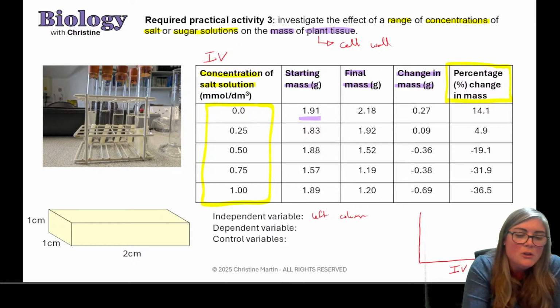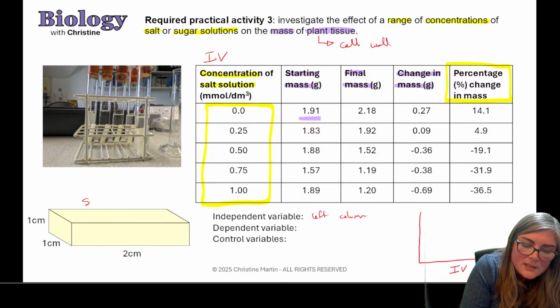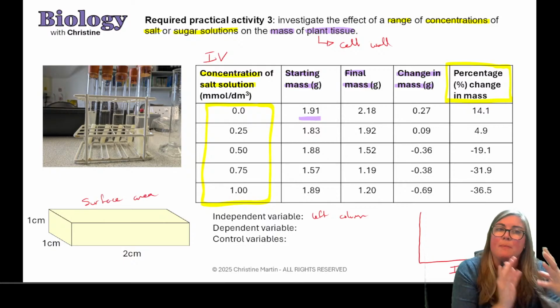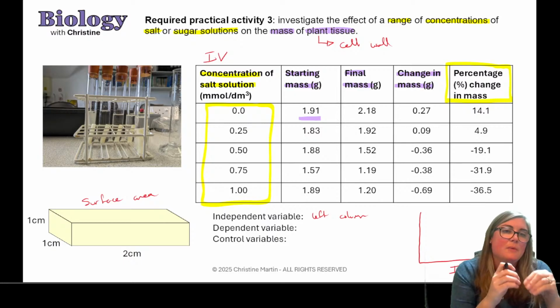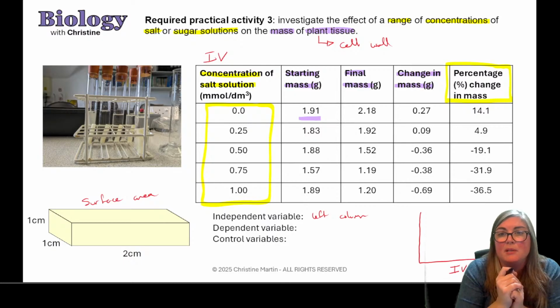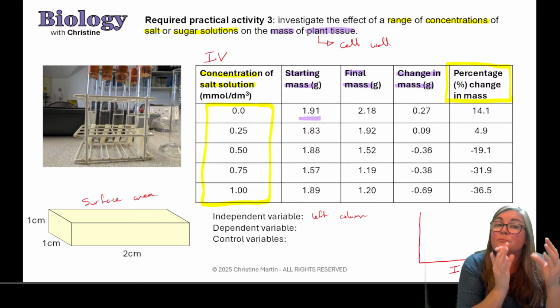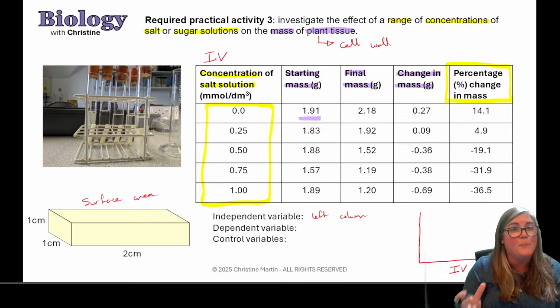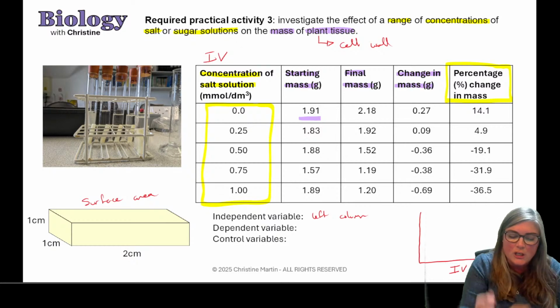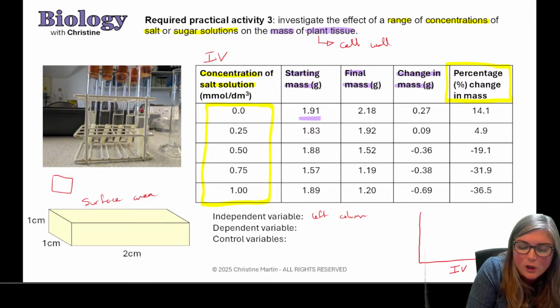Now, I did control the surface area of my chip because I made it 1 centimeter by 1 centimeter by 2 centimeters. Now, they'll either ask it to you with regards to it being, as you can see here, this chip, or they may say that you have a cube.